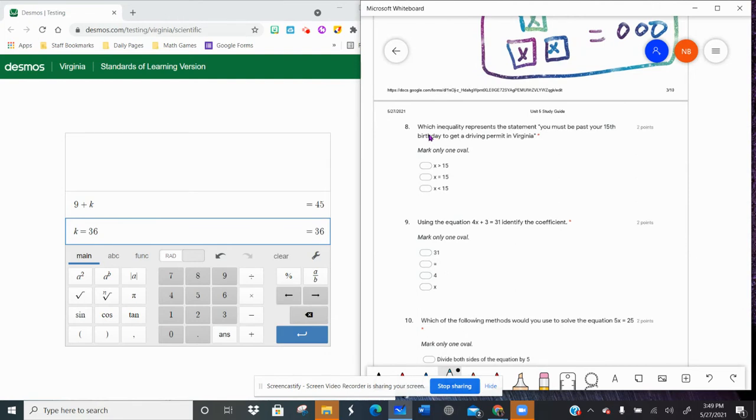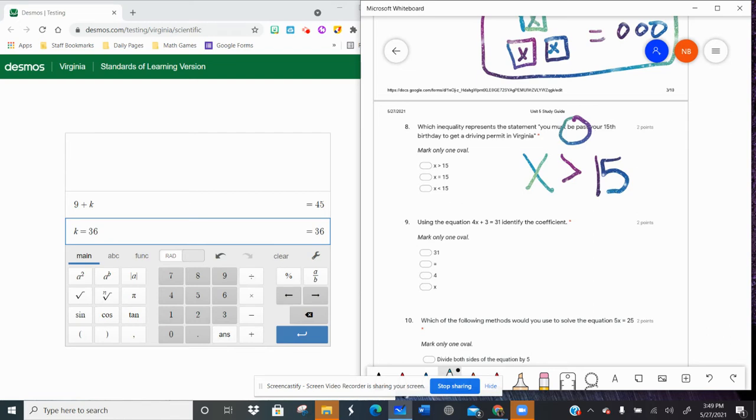Perfection. The next one says, which inequality represents the statement, you must be past your 15th birthday to get a driver's permit in Virginia? So your age, we'll call that X. When you're past, it means it's greater than 15.